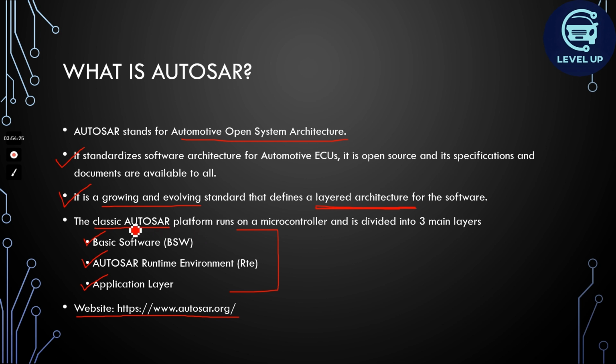Classic already has the layered architecture, but in adaptive AUTOSAR, some of the layers are merged according to the application. In this course, we are focusing on classic AUTOSAR. If you have very strong knowledge of classic AUTOSAR, it is very easy to get the knowledge of adaptive AUTOSAR.